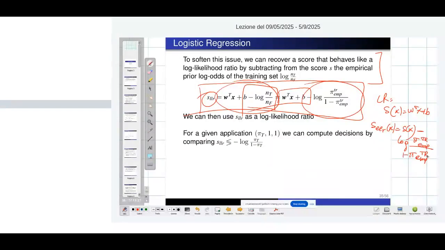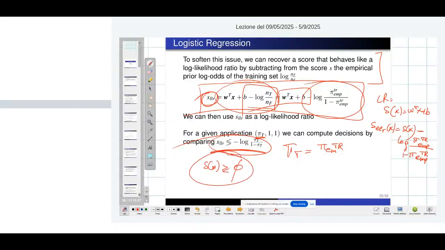And then this will hopefully behave like a log-likelihood ratio, and for an application which has a different application prior, we'll just use the application prior as threshold for our modified score. Of course, if the application prior is equal to the empirical training prior, you can see from this expression that taking the original S and comparing it with 0 gives the same decision rule.